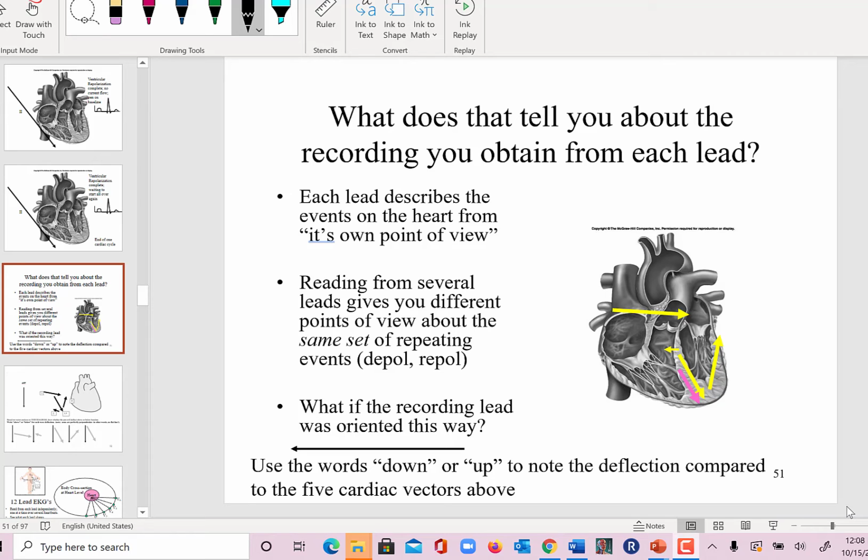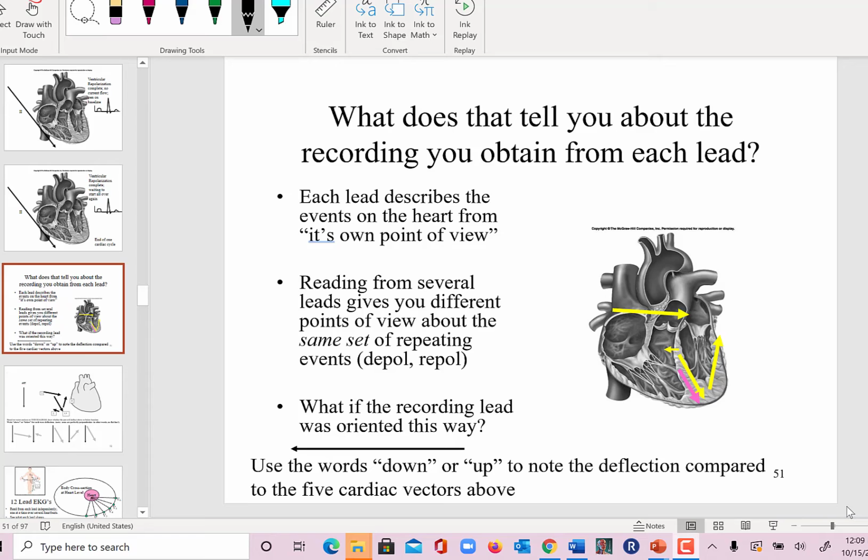Okay, welcome back to part B for your vector analysis EKG lecture. From our first segment, I hope that you now appreciate that those three different pictures that I showed you on the very first slide represent three different leads, and leads mean to us a stationary vector, and each of those leads provide us with their own point of view, their own perspective.